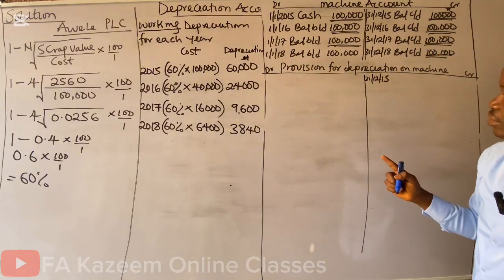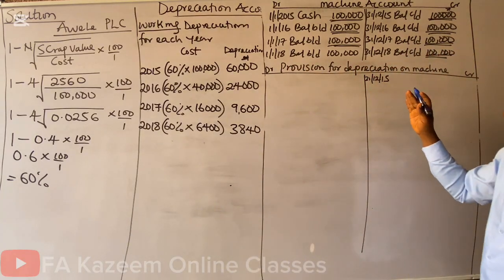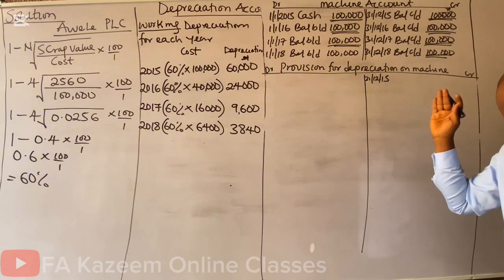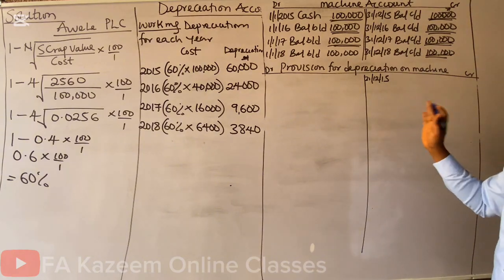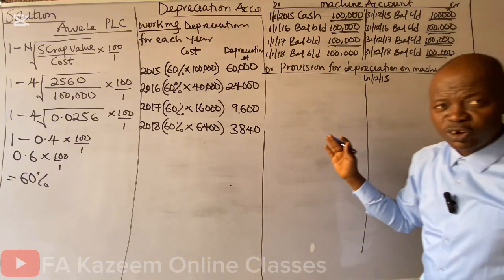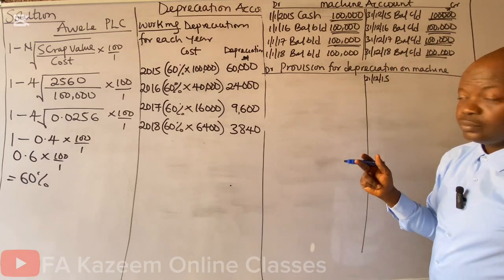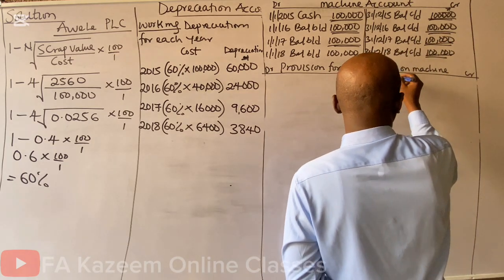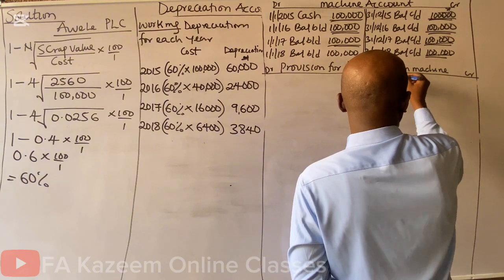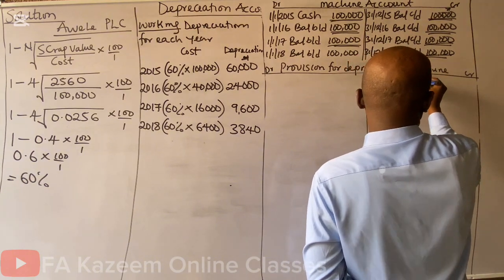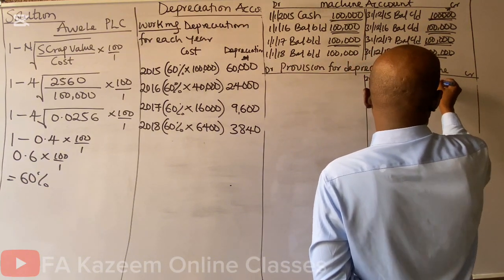An asset can only be depreciated after the asset has been used for 12 months. And 12 months means from January to December. We are going to be setting this depreciation aside from profit and loss.